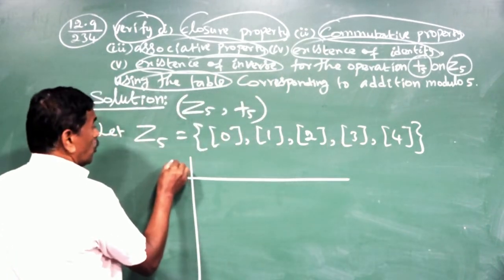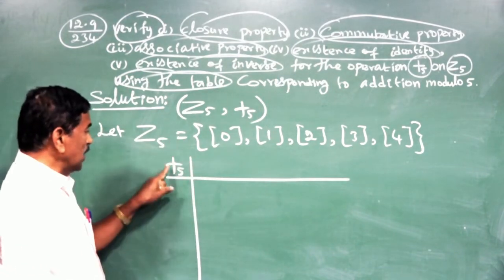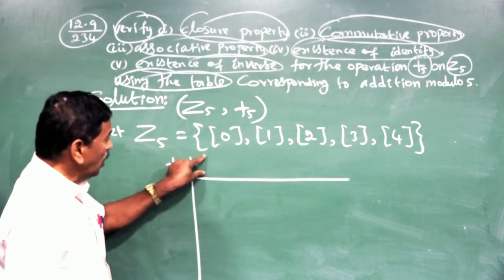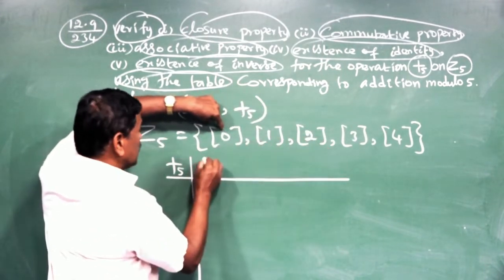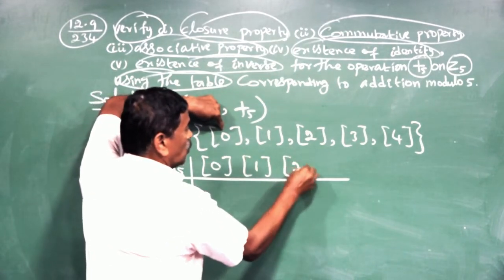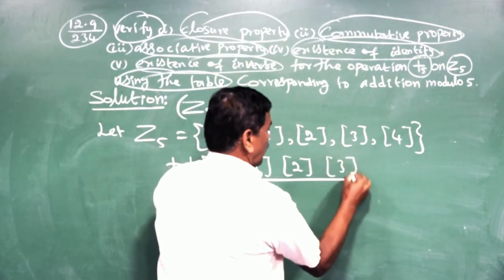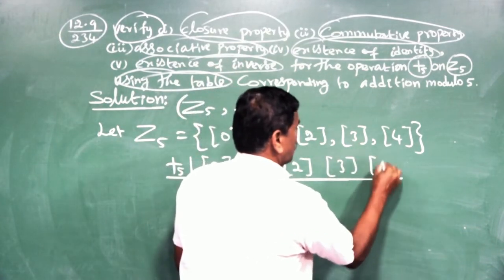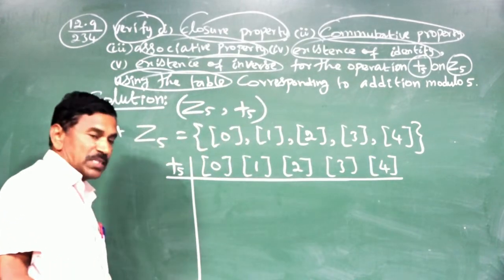Listen, here I want to write the operation, addition modulo 5. Now, in the first row, I want to write all the elements. That is, in the first row, 0, 1, 2, next yourself, yes, 3, 4. Okay, first row. Next, in the first column also, all the elements I want to write.